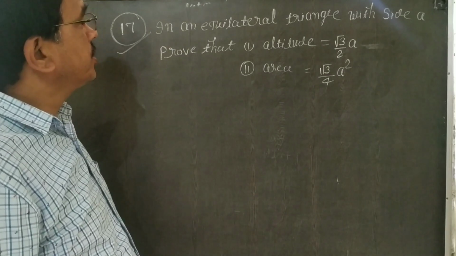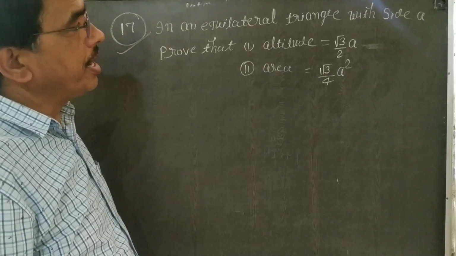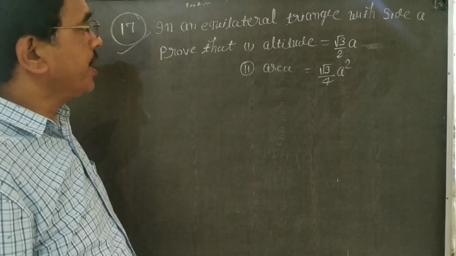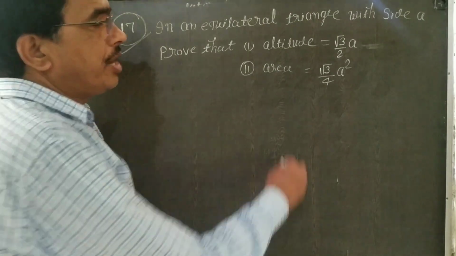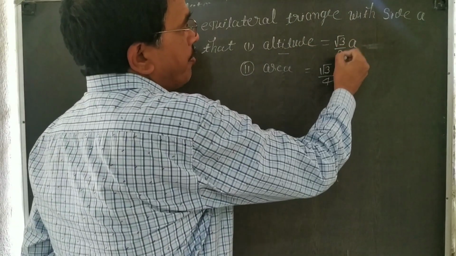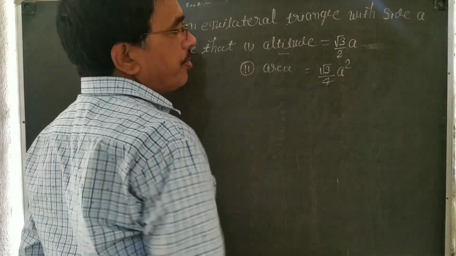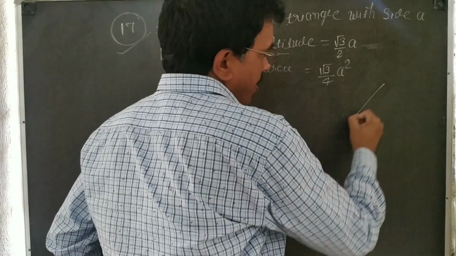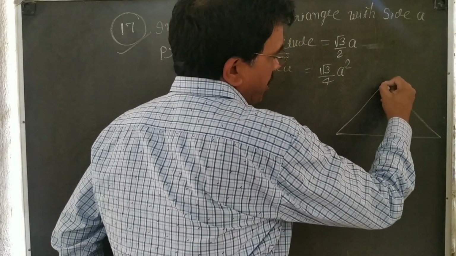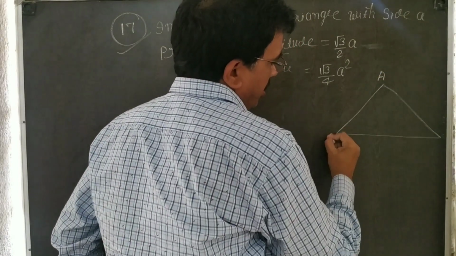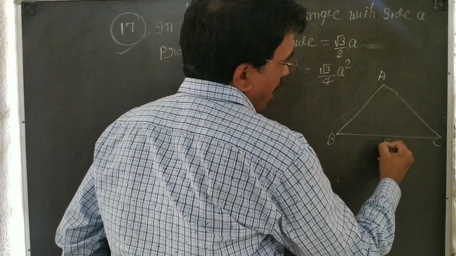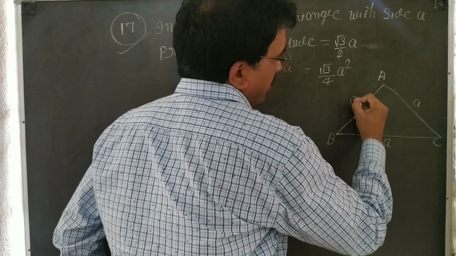This is question 17. In an equilateral triangle with side A, prove that the altitude is equal to root 3 by 2 into A and the area is equal to root 3 by 4 into A square. It is given that ABC is an equilateral triangle and the side is A unit.